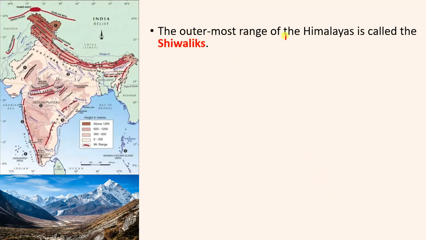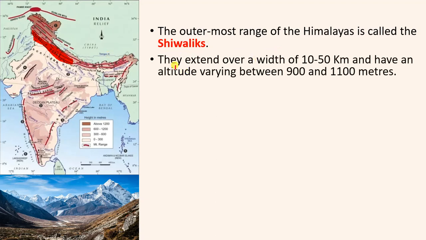The outermost range of Himalaya is called the Shivaliks. You can say the southernmost part of the Himalaya. They extend over a width of 10 to 50 km and have an altitude varying from 900 to 1100 meters.